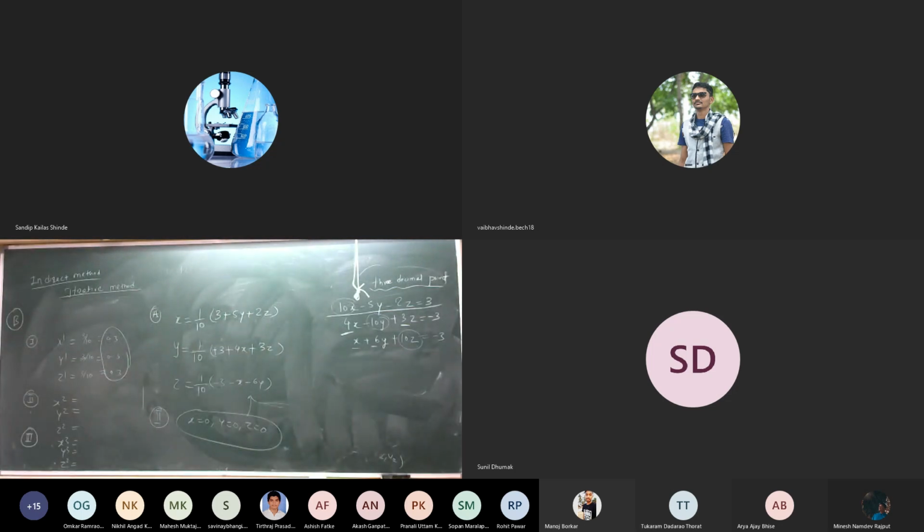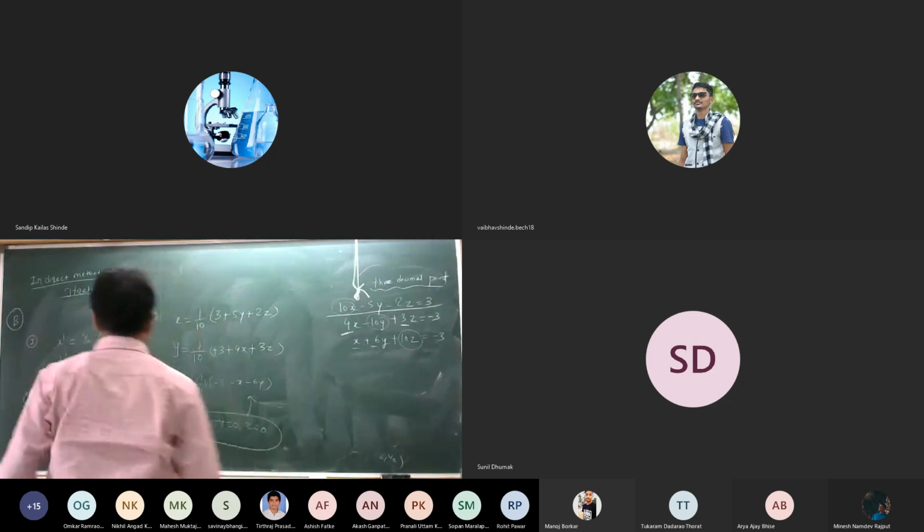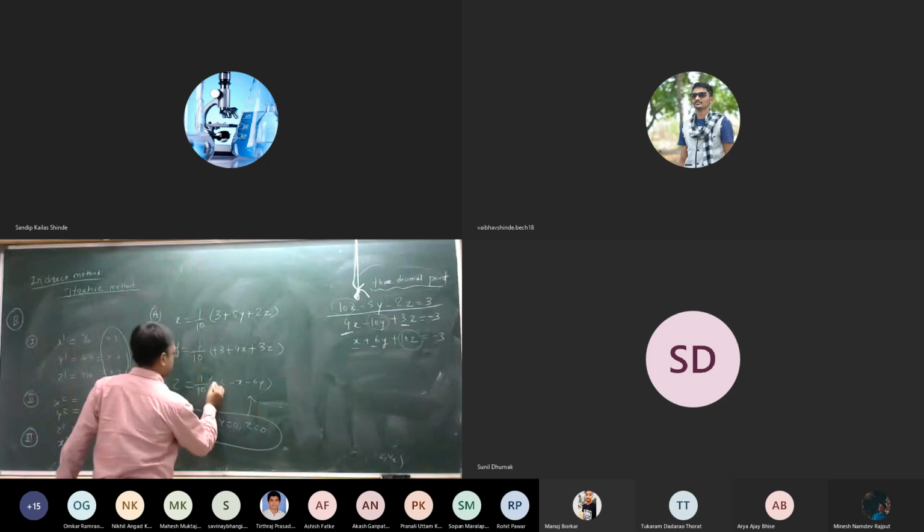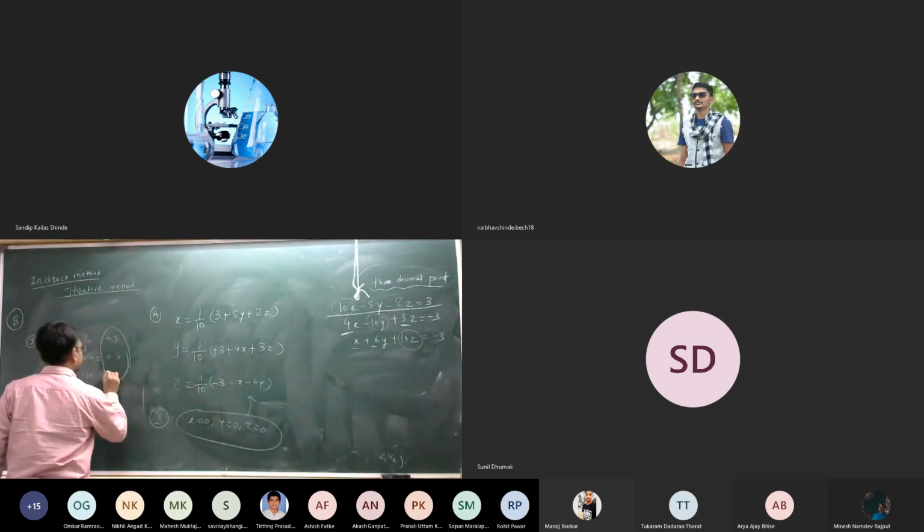Calculate this value. First iteration I have done. Calculate the second iteration, third iteration, and fourth iteration. By default, this is a minus 3, that's why minus 3 upon this would be minus 0.3.